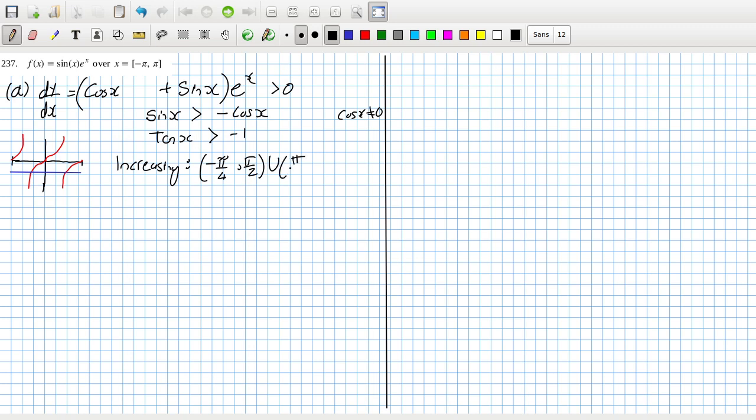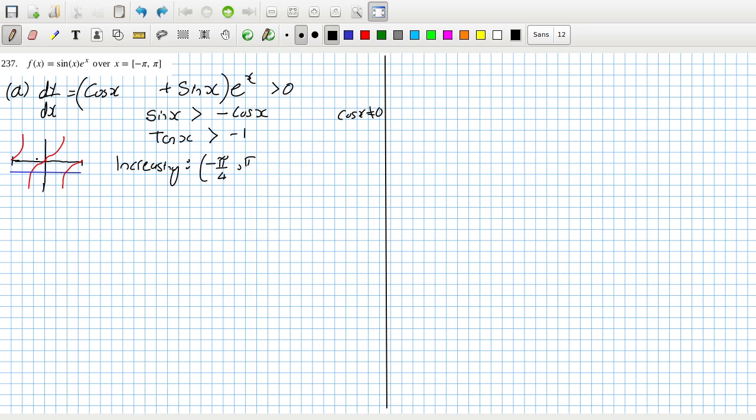Then pi over 2 up to pi, right? Well, no, not quite, because I think where I drew my minus 1 line is confusing me a bit.